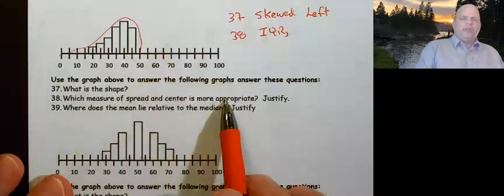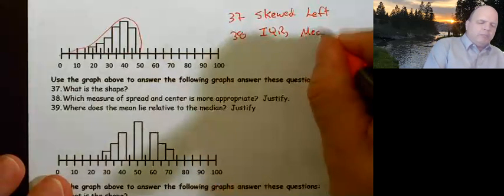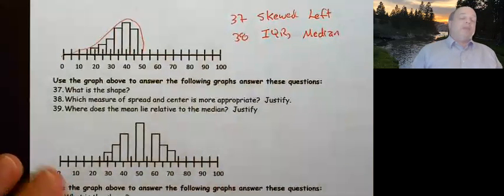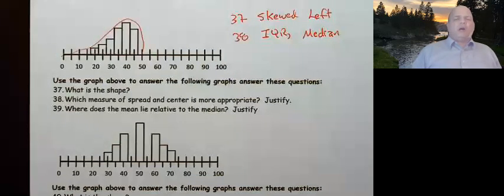And measure of center, because it's skewed, whenever it's skewed, the median is better than the mean. We like the mean for symmetric data. We like standard deviation for symmetric data. But when it's skewed, we like the IQR and the median.